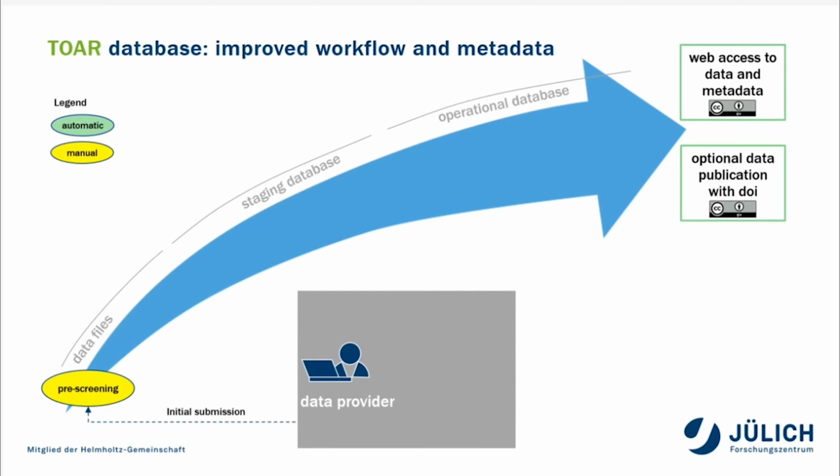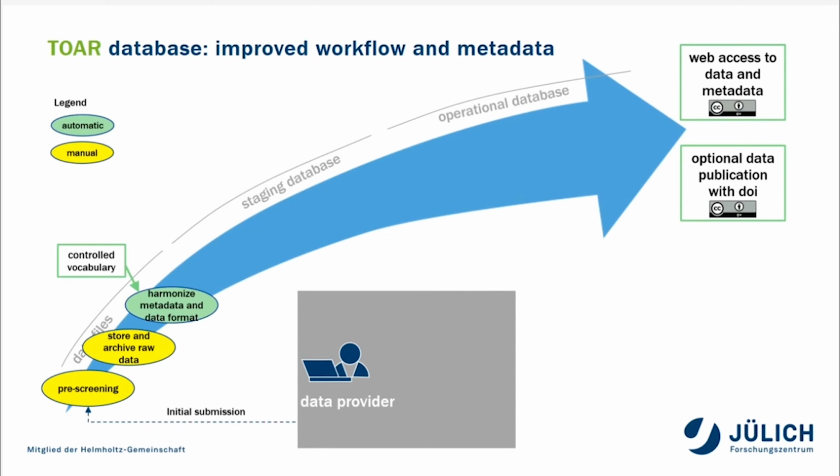First, a pre-screening will happen. That's a manual step. So specifically, Sabine will look at the data and find out if it's at all suitable for inclusion in the TOAR database. Then the raw data will be stored and archived for later use if it needs to be reproduced at some point.